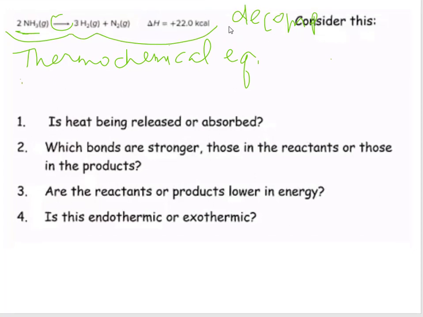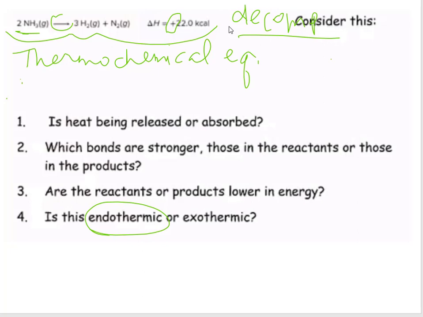That says decomp for decomposition. We can also tell that it is endothermic because it's positive. So here we go, we can say it's endothermic because it's a positive delta H.